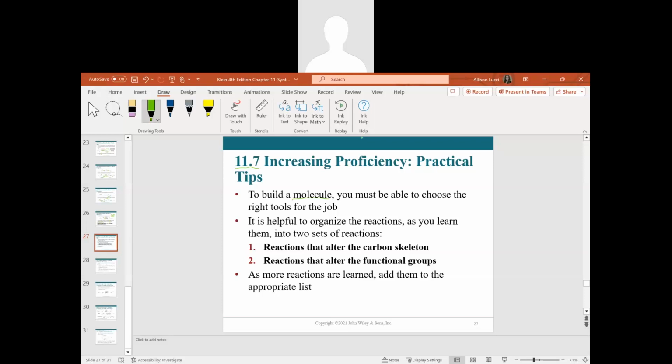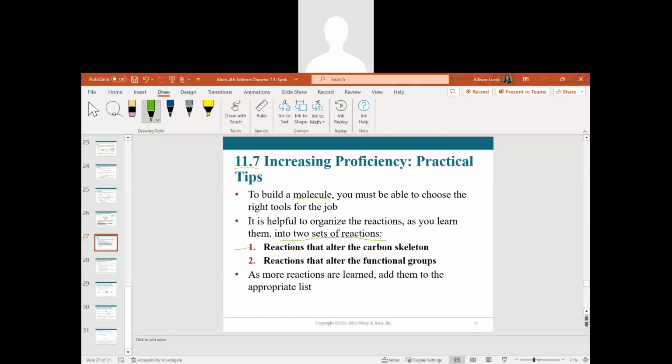But we still have these two different considerations to make when we look at our starting material and our product. We could organize reactions into two sets. This may be helpful.